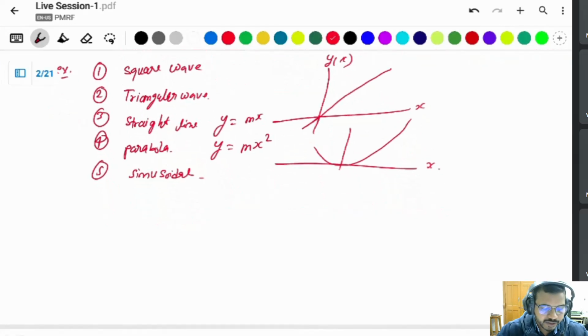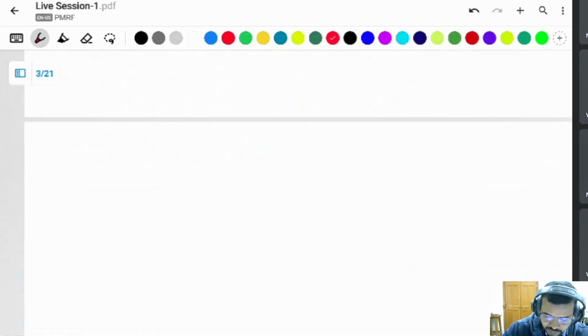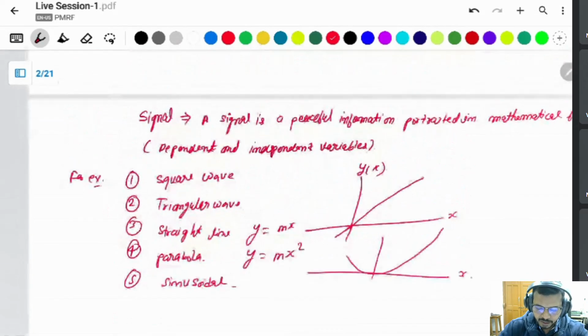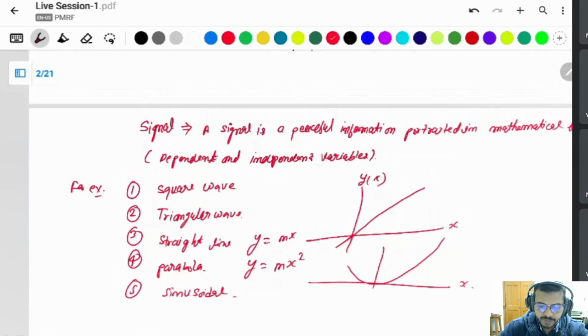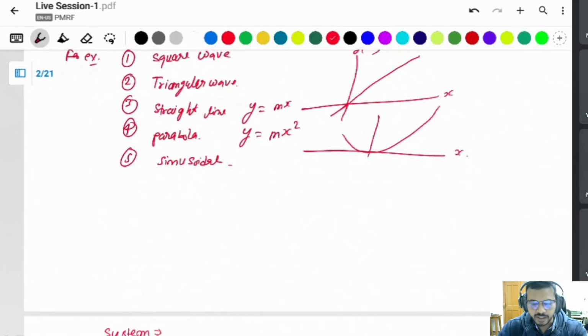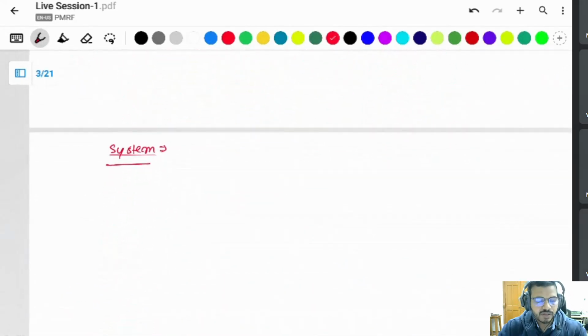Okay, next one is system. There are mainly two types of signal: deterministic signal and random signal. Then the system.